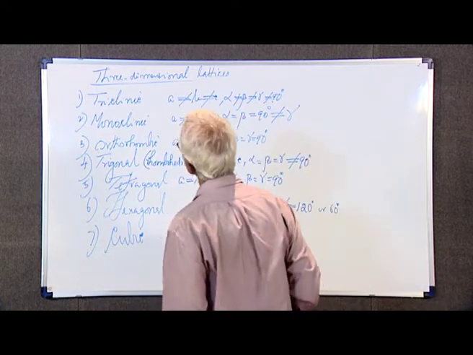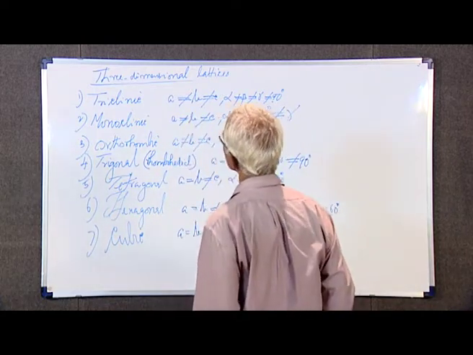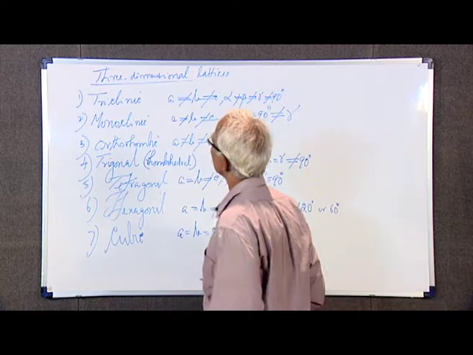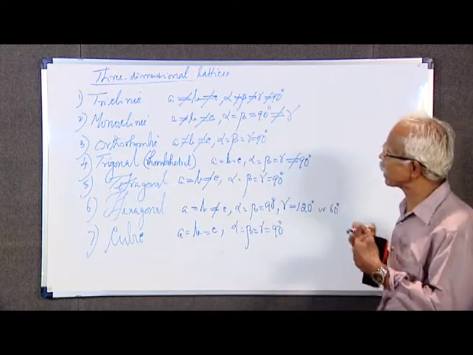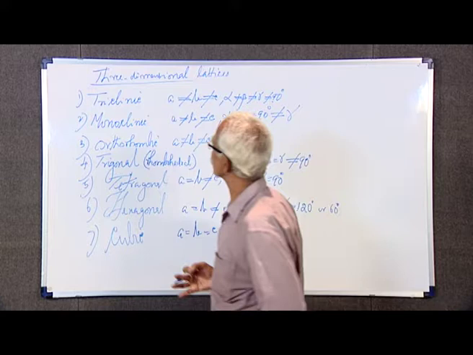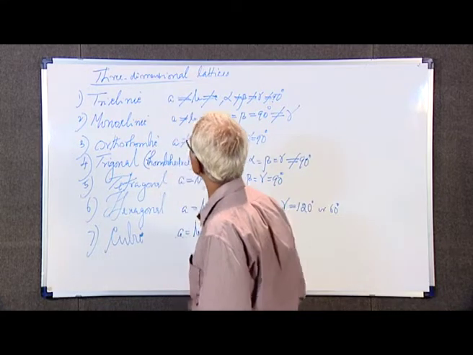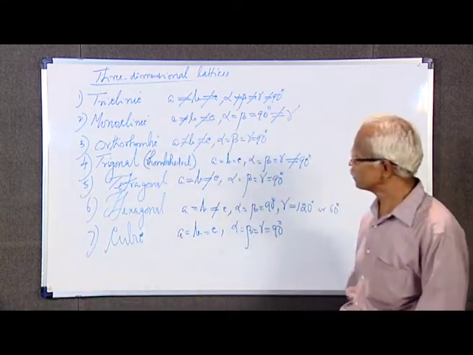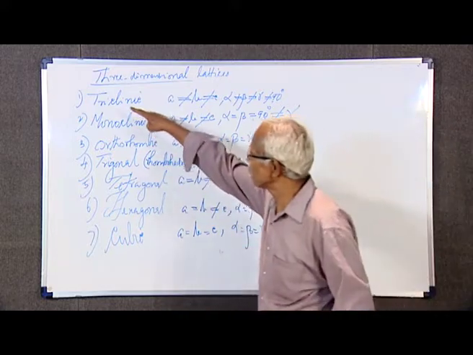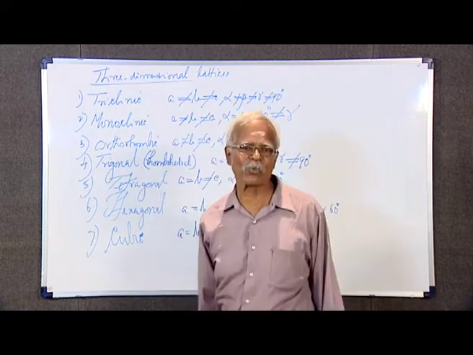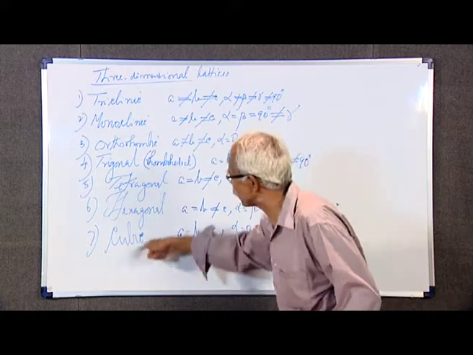Okay. Now, these are the 3-dimensional ones. A very casual perusal of the whole thing will tell you one thing. Does it not sound like a 2-dimensional journey even though this is actually 3-dimensional?